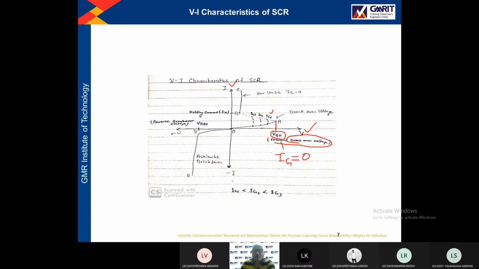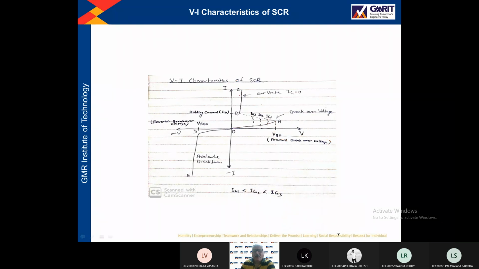Let us assume this is IG1. In this case, you can see your SCR is turning on at a lower voltage. If you increase the gate current, suppose it is IG2, the SCR will turn on at a much lower voltage. If you increase the gate current to IG3, again it will turn on at a much lower voltage. So if you increase the gate current, then the SCR will turn on at a lower voltage.